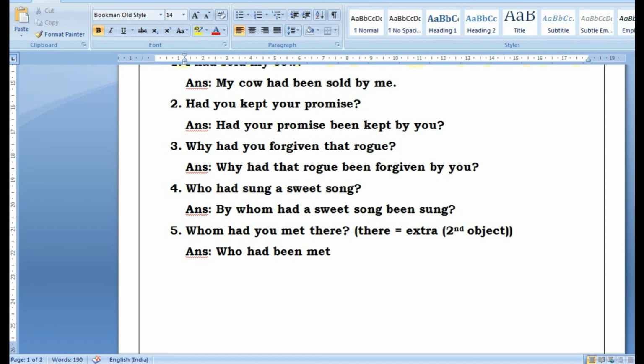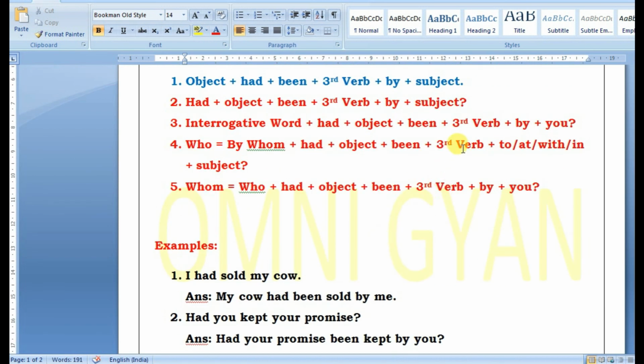And now I had already instructed you, second object or any extra word apart from the object will be placed after the verb. So who had been met, so extra word is there, so we will put this extra word after verb third form. So who had been met there, and then by you. I instructed you again and again that any extra word will be put after the verb third form.